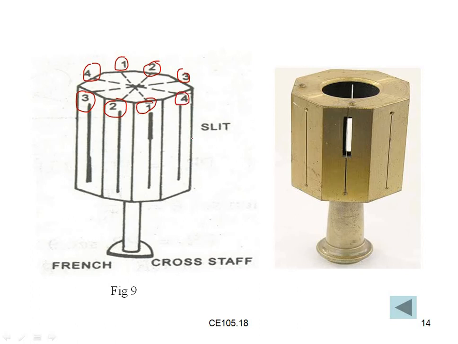It rotates with the slit. You can see in the cross staff we have a gap, and through this gap we sight the object. These types of cross staffs are very rarely used, which is why we call it the octagonal French cross staff.